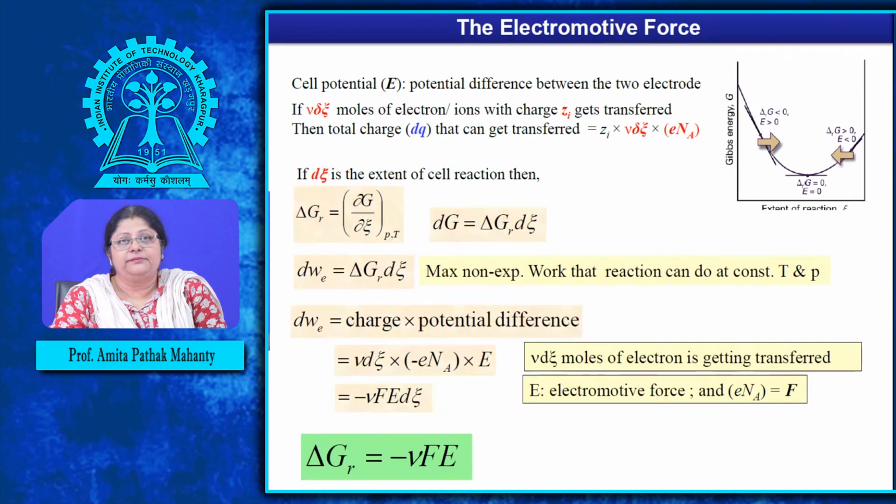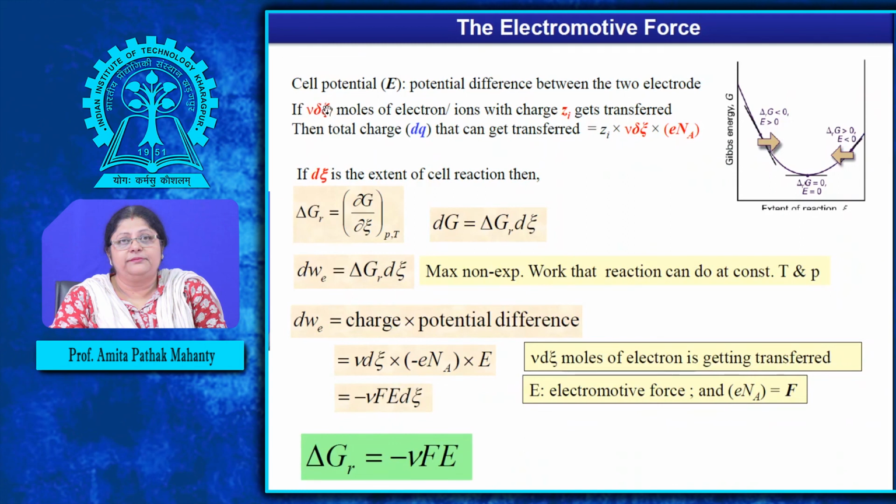This is what the diagram is going to look like. You have a cell potential E, the potential between the two electrodes. Suppose you have nu delta xi, where delta xi is the number of moles associated, the progress of reaction, and nu is the stoichiometric coefficient from your reaction equilibrium conditions.